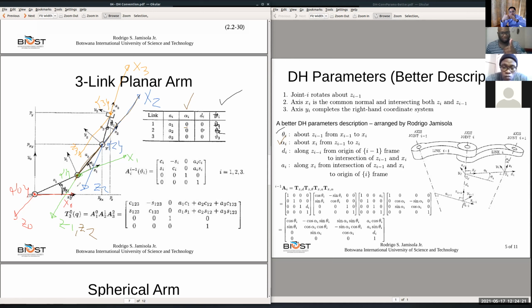Then you rotate from z1 to z2, about this x2.